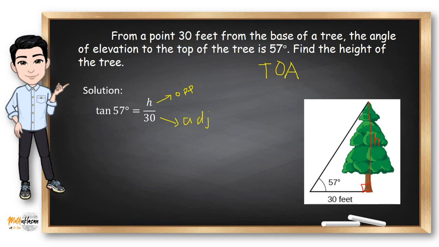So, how do we solve for h now? We just need to cross multiply 30 from the other side of the equation. So, the equation will become h = 30 times tangent 57 degrees. By using your calculator, the height of the tree now is 46.20 feet.